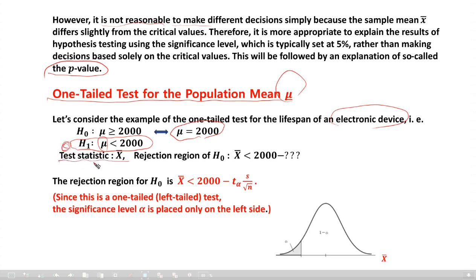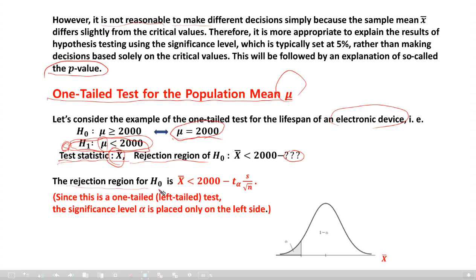Test statistic, what is it? For mean mu, the test statistic is x bar. What is the rejection region of x bar? X bar is less than 2000 minus some value. Understand that? You don't worry about greater than 2000, because you reduce production cost, so you worry about the lifespan being less than the usual lifespan, 2000.